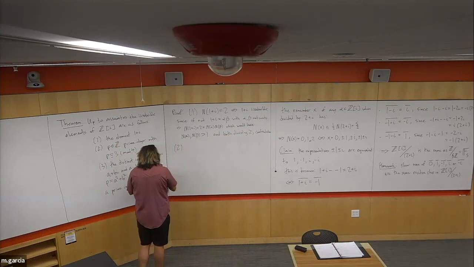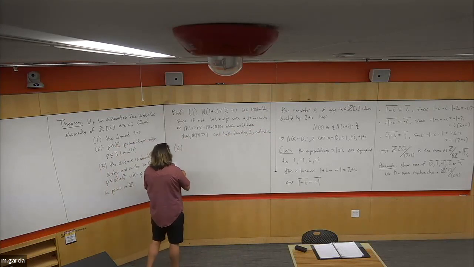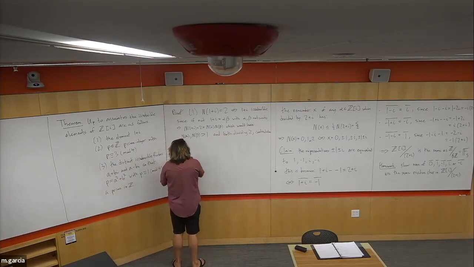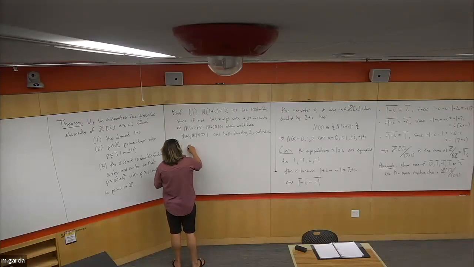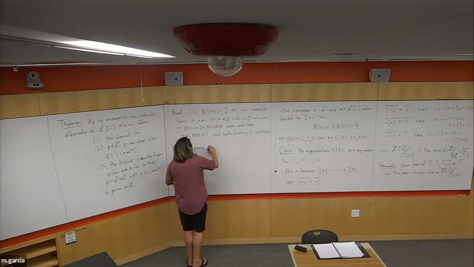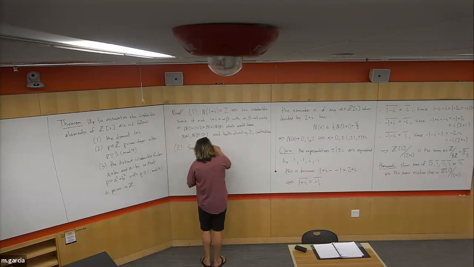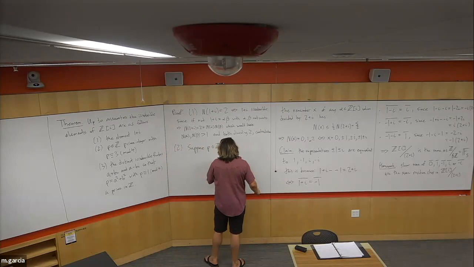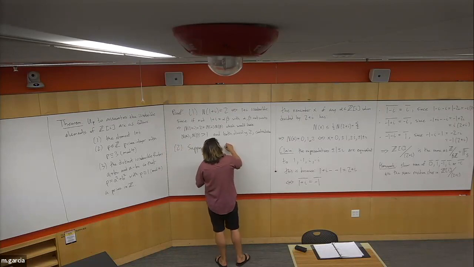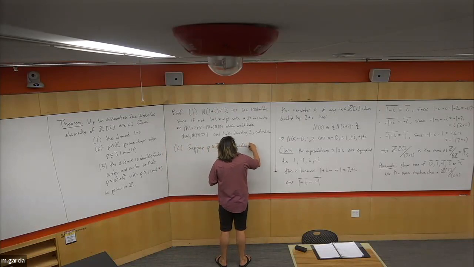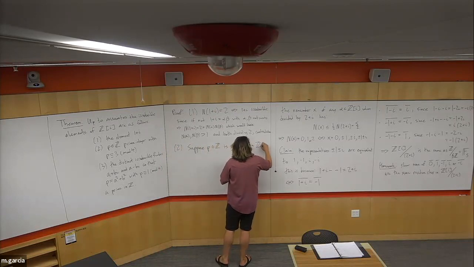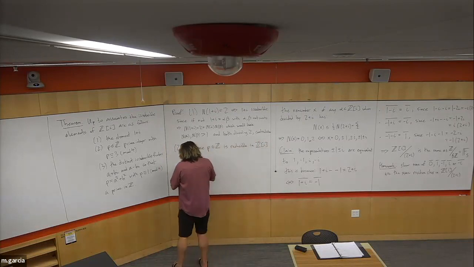On to the second class. So let's suppose p, a prime integer, is reducible in Z adjoin i. Okay.